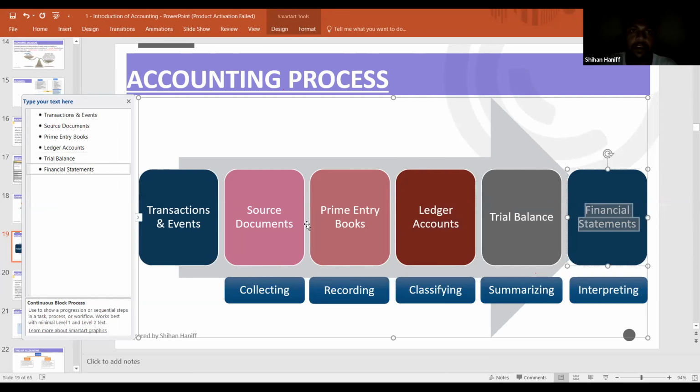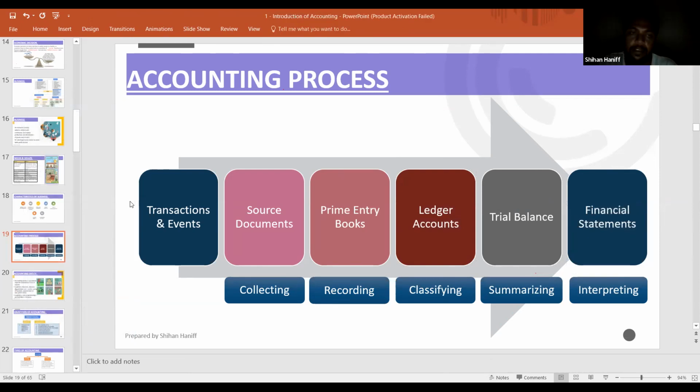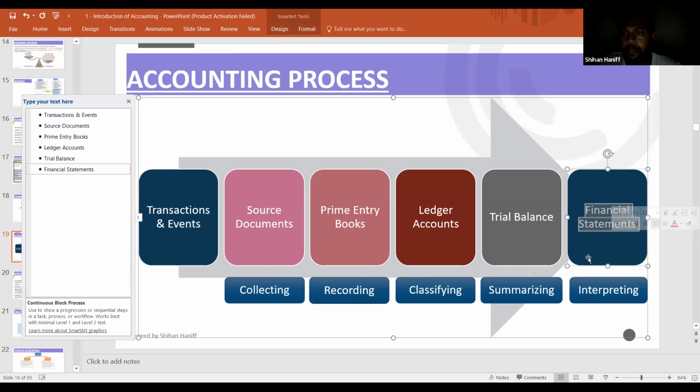So this is the accounting process which covers the grade 12 syllabus. Okay. Then when it comes to financial statements, we prepare the income statement and statement of financial position. All right.